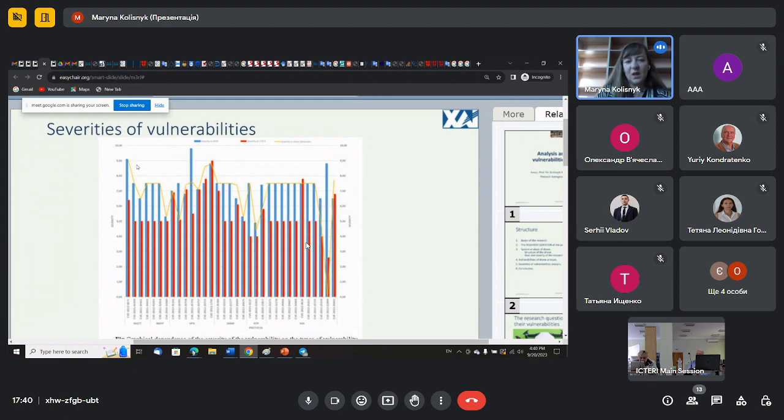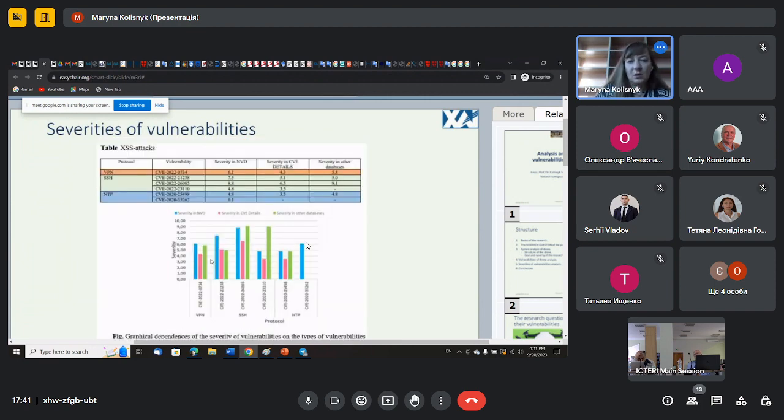And if we used a delta here, we couldn't present the information for three databases. But now you can see how they differ in different databases. And we also concluded here that the NVD database is more complex and more complete. Also information about different types of cyber attacks. These are only examples, because we have them for all types of cyber attacks and vulnerabilities.